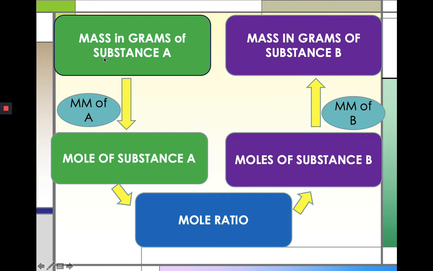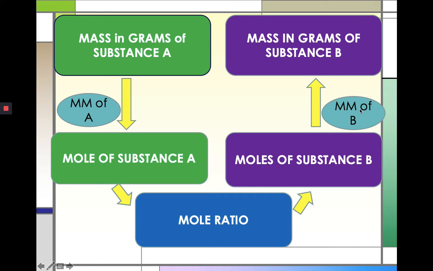All right, so first is we get the number of moles of substance A, and then by using the mole ratio, we cancel out the moles of substance A and end up with the moles of substance B. And after that, we convert the moles of substance B into the mass in grams of substance B. I hope that you are familiar how we convert mass in grams to the number of moles, or from moles into mass in grams.